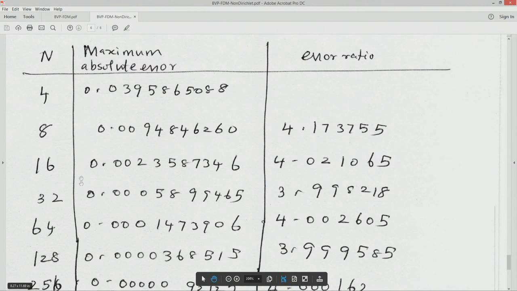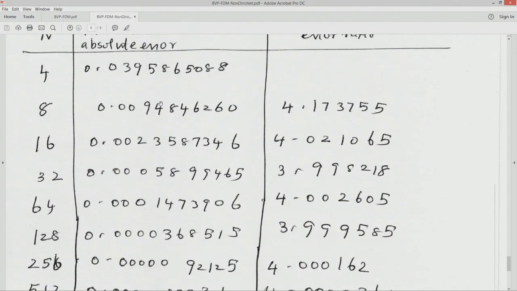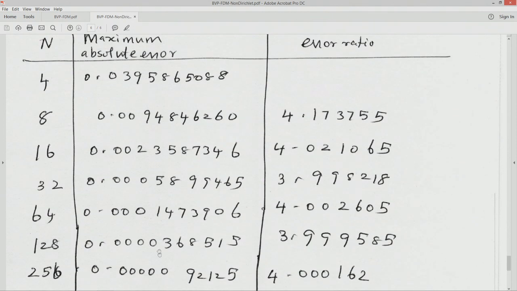So, h is halved as a result of doubling the number of subintervals, and we continue to do this, and in each of these cases we list down what the maximum absolute error is and see what the error ratio is, namely the ratio with n equal to 8 by n equal to 4 of the maximum absolute error that we have obtained.